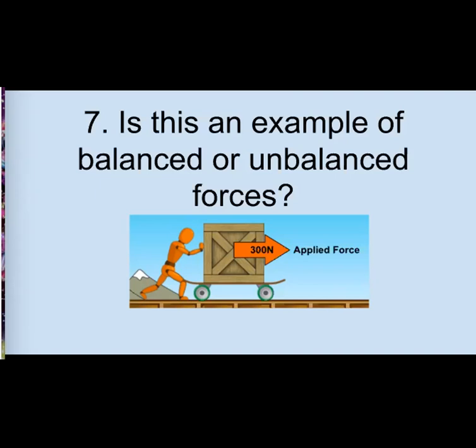Alexander? I said it was unbalanced because there is no other side that's applying force. Okay, so you guys are correct. In order for it to be balanced, we would need something on the opposite side pushing to the left as well. So you're right, unbalanced for this one.